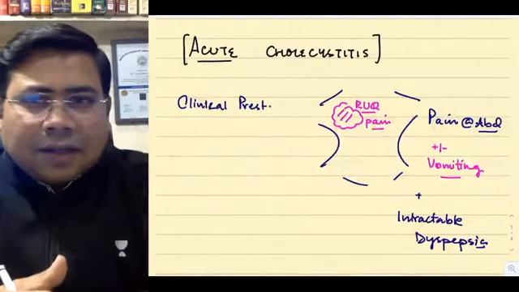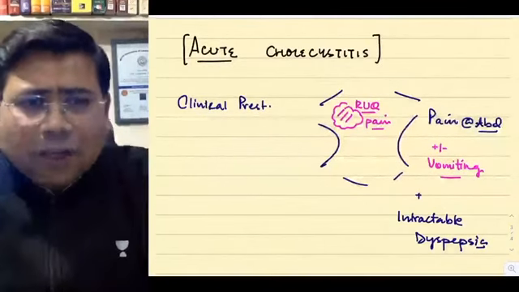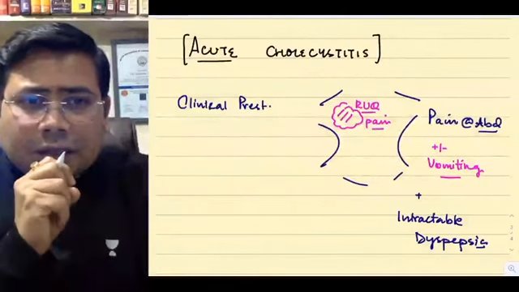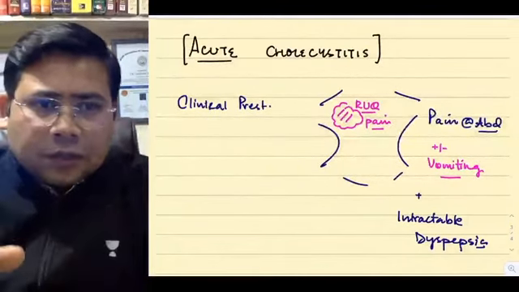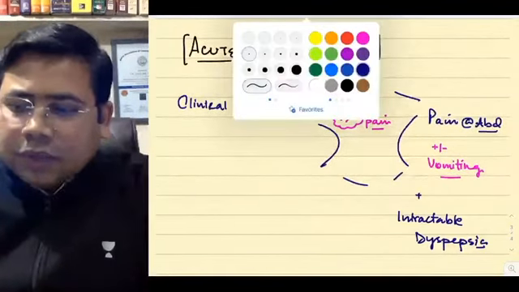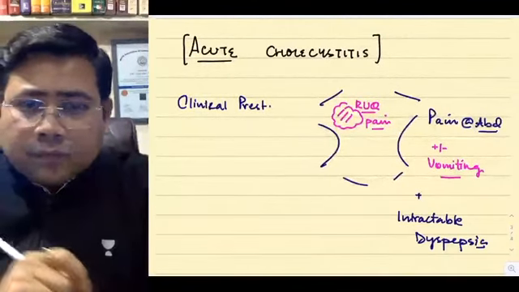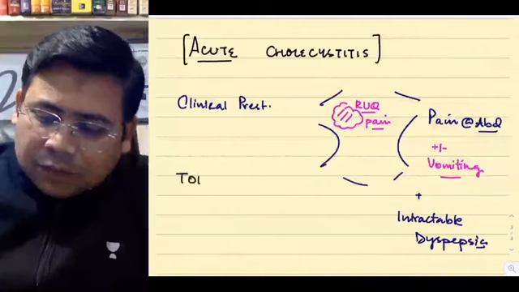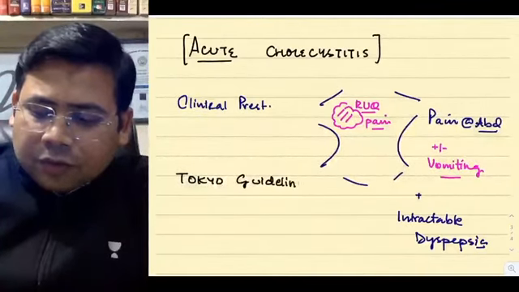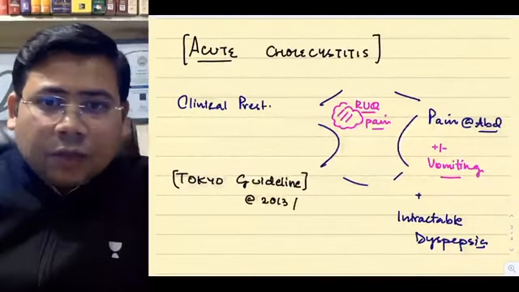Now, this intractable dyspepsia or pain in abdomen, and even vomiting, could also be a feature of acute gastritis. There was a lot of confusion about what is acute cholecystitis and what is not. So we all came to a joint consensus, and this consensus happened in Tokyo. There is a guideline known as the Tokyo guidelines, of 2013 and 2018.